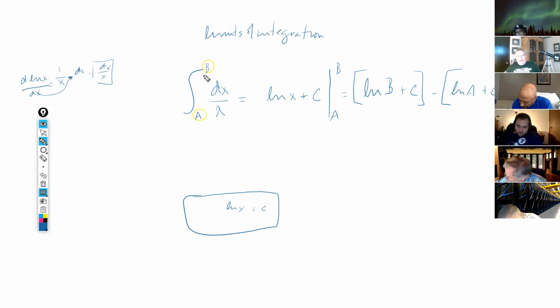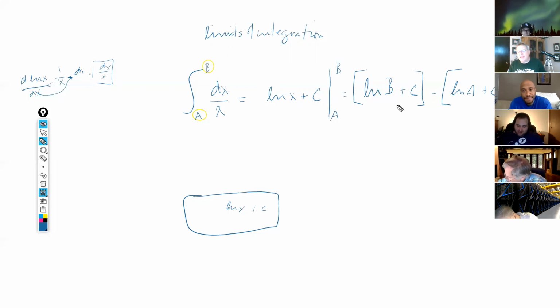When I don't have limits written there, like on the worksheet, that's called an indefinite integral. In other words, I'm looking for the function. I'm not looking to actually solve anything. It's indefinite. Guess what you call it when I have the limits of integration? A definite integral.